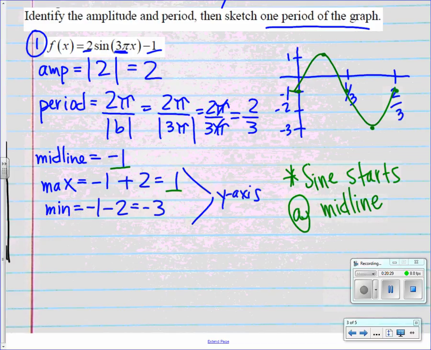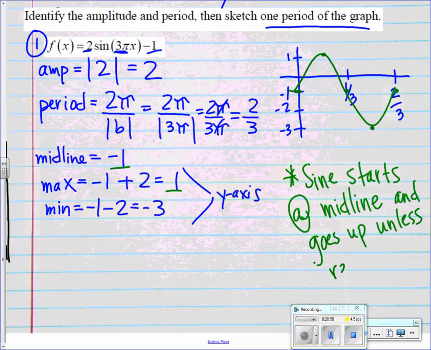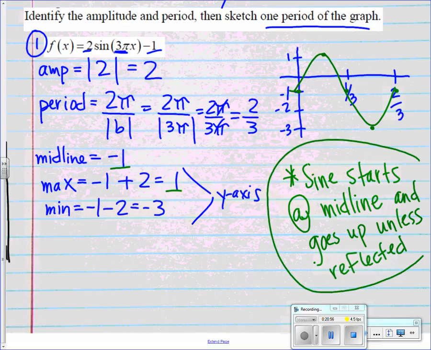Okay, so cosine starts at maximum unless it's reflected, it's opposite. Sine starts at midline and goes up unless reflected. Sorry, if you have room, write this. So sine starts at midline and goes up unless it's reflected, okay?